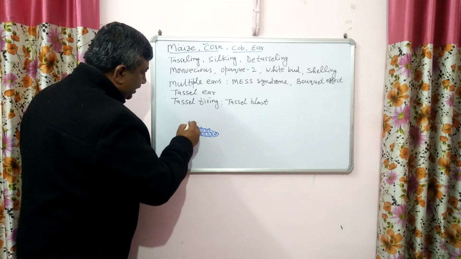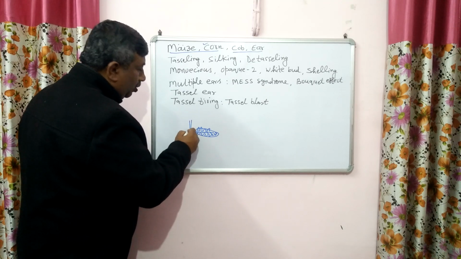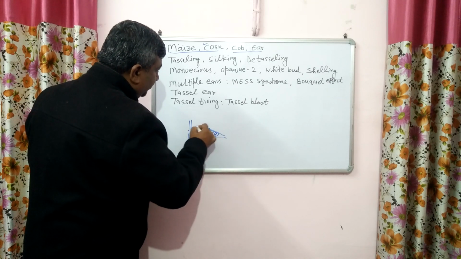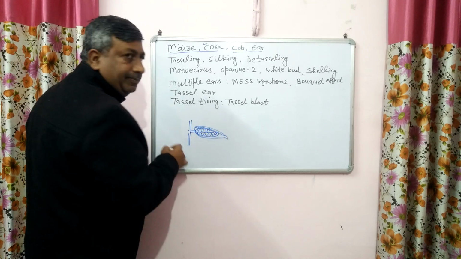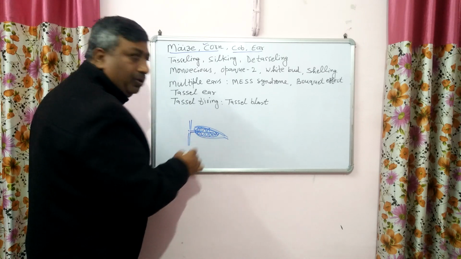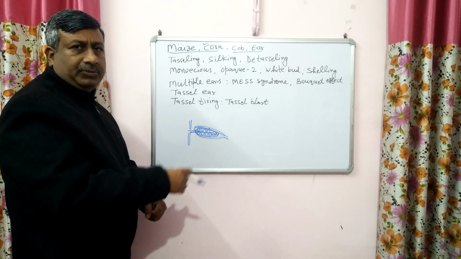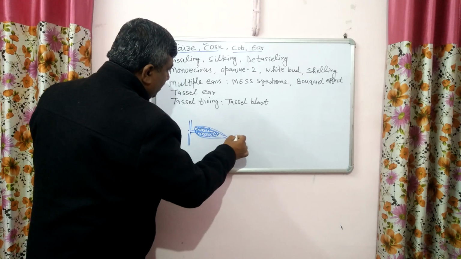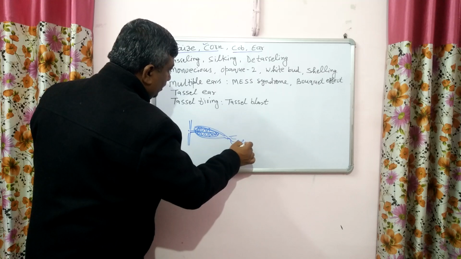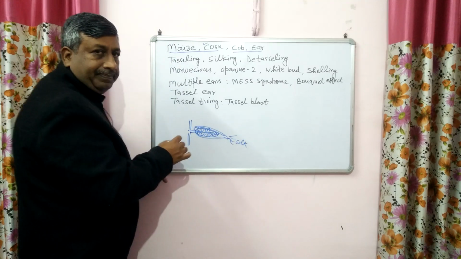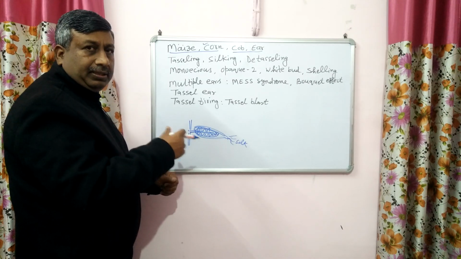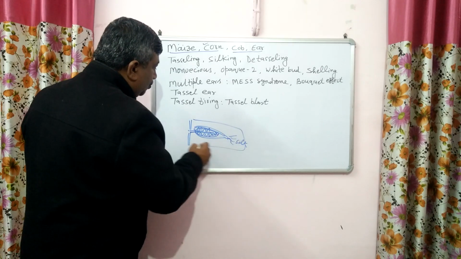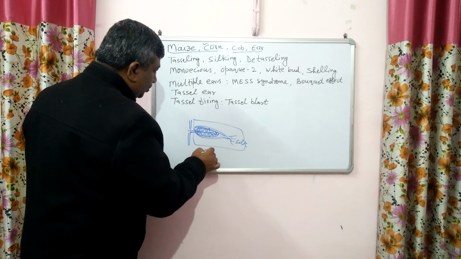This is the shank, which is attached with the node of the plant. Then there is the husk, the green leaves, and the central part on which grains are attached is the cob, and outside are the silk. So botanically this is the ear, which consists of shank, husk, cob and grain, but this is also known as cob.